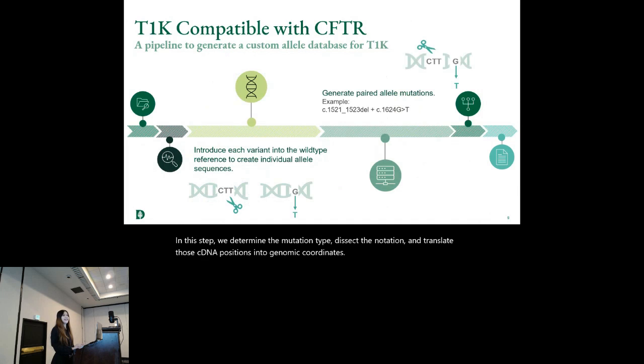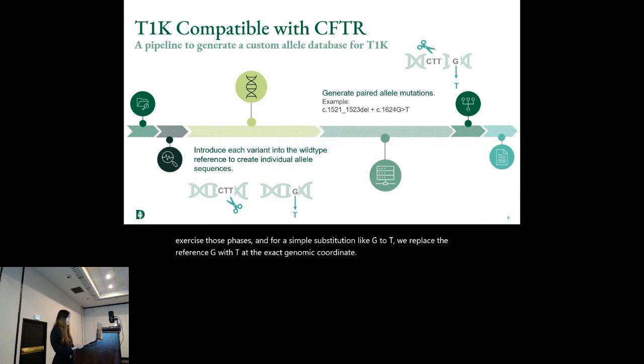In the next step, we take each normalized variant and induce it directly into the wild-type CFTR sequence to create a full-length mutant allele. For a simple deletion, we excise those bases, and for a simple substitution, like G to T, we replace the reference G with T at the exact genomic coordinate.